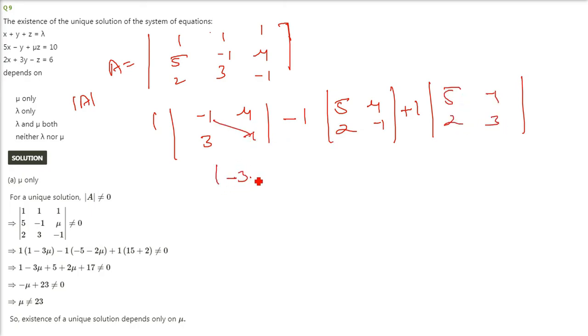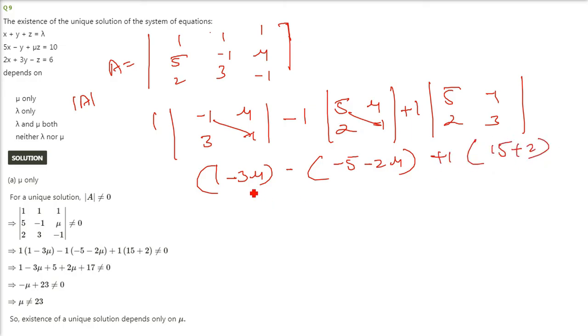So it will be 1 minus 3 mu. Here we have negative 5 minus 2 mu. And the third one plus 17. So 1 minus 3 mu, and if negative is there, just change the sign: 5 plus 2 mu plus 17.